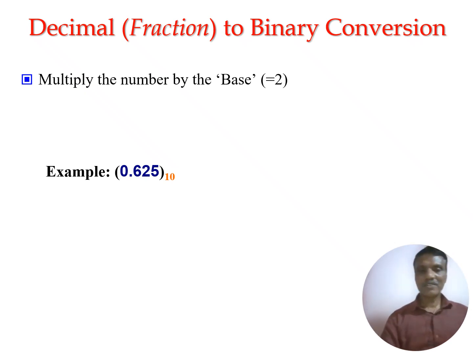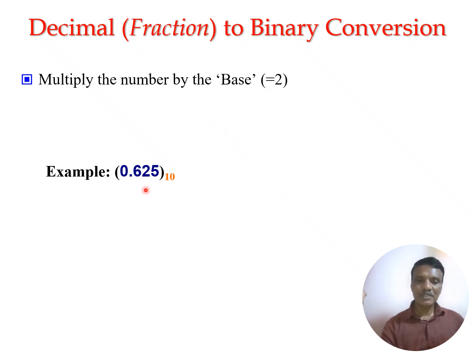For the fractional part, what I told, is successive multiplication. 0.625 is the given fractional part. I need to multiply this with the base. Here the base is 2.